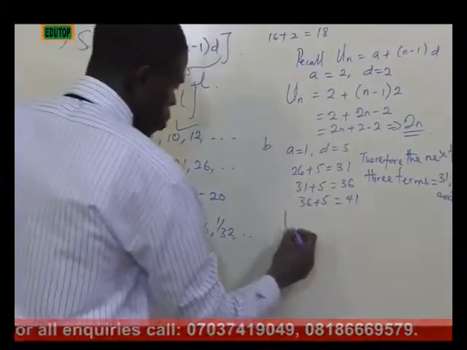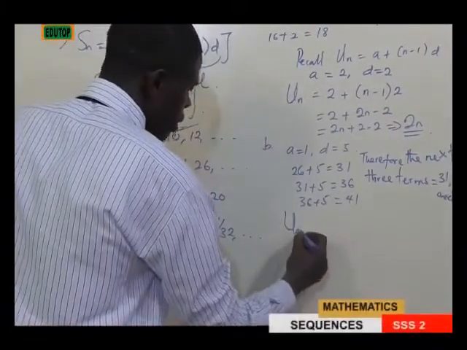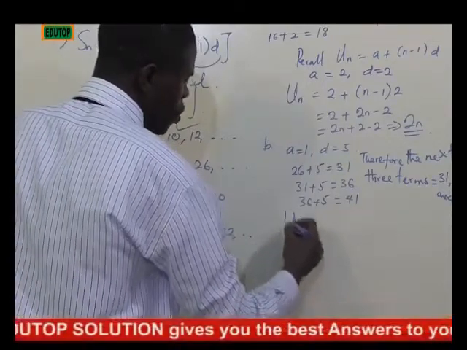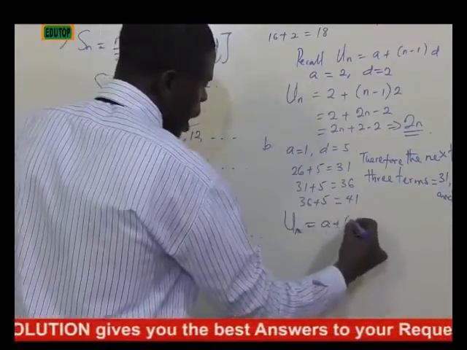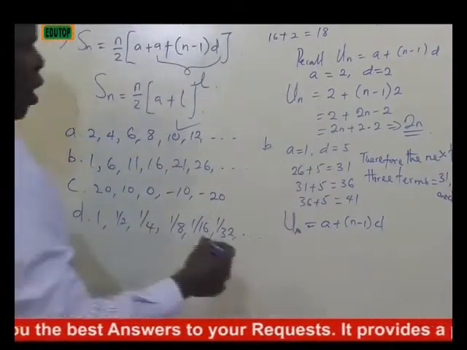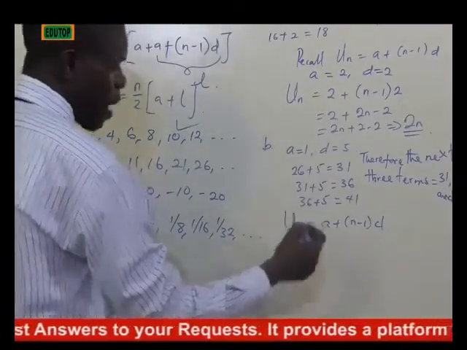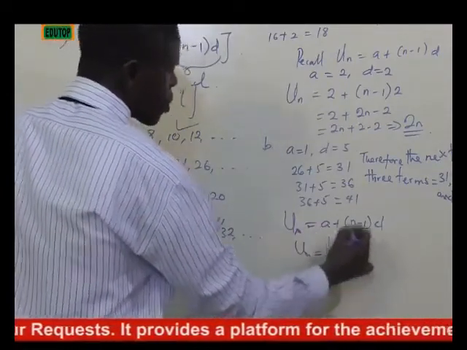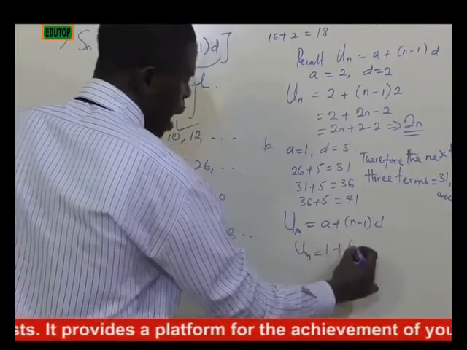To deduce the rule, you make use of Un, which is a plus (n minus 1)d. Since our a is 1 while our common difference is 5, Un will now be 1 plus (n minus 1) times 5.